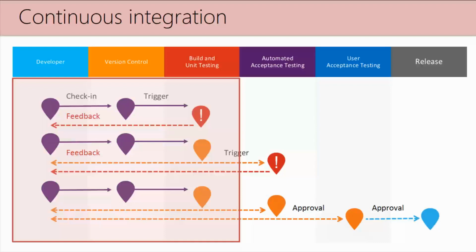Whereas later on, when we get into continuous delivery, it's a whole different ballgame, because the delivery would involve automated acceptance testing, for example, partially unit testing as well, and then the user acceptance testing, and then the release. So we'll take a look at that a little later. Right now, just the concept of continuous integration.